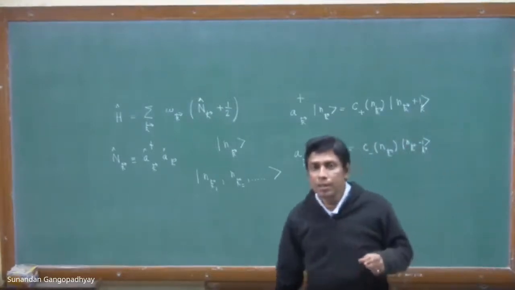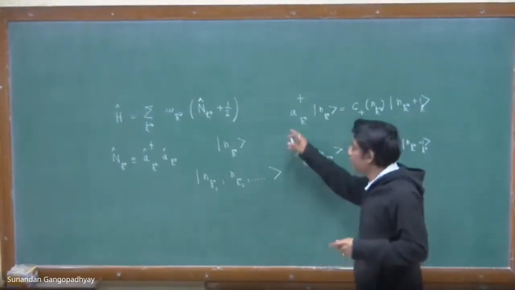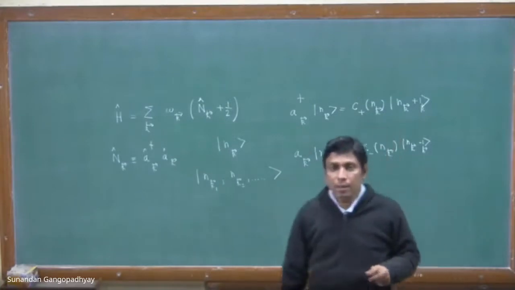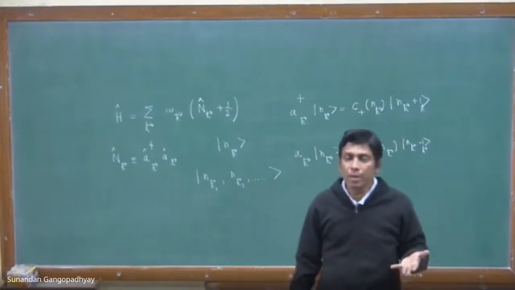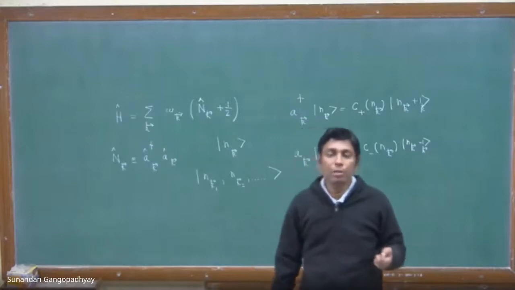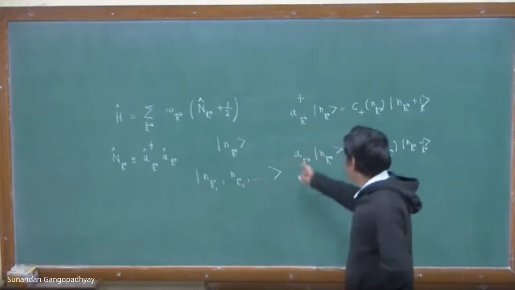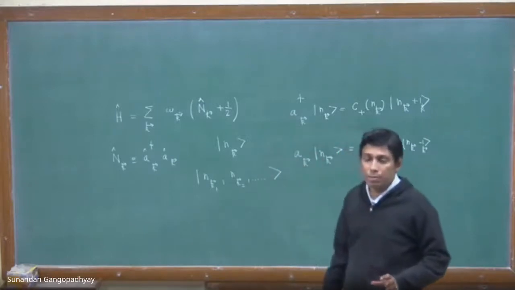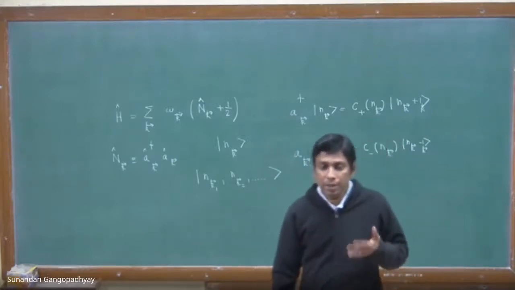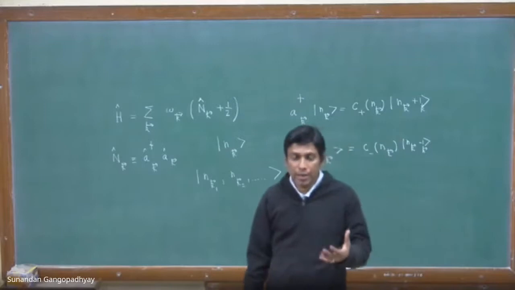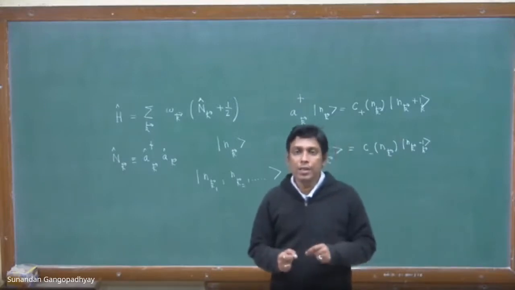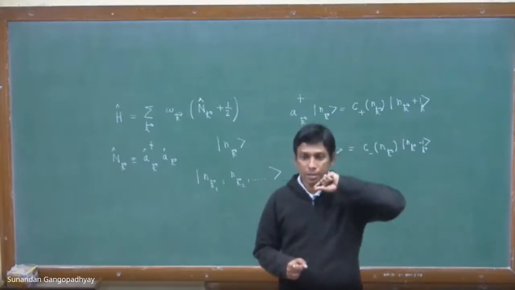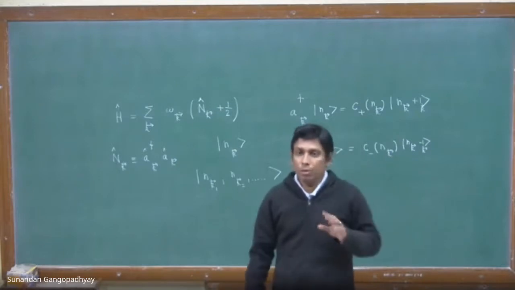Now see the difference between the interpretation of a and a dagger in field theory and in ordinary quantum mechanics of a single particle. In ordinary quantum mechanics of a single particle, a is an annihilation operator, a dagger is a creation operator. But what does it do? When the creation operator acts on an energy state, it takes you from one energy state to another excited energy state. But no particle is created.